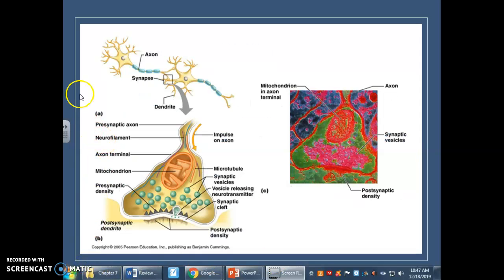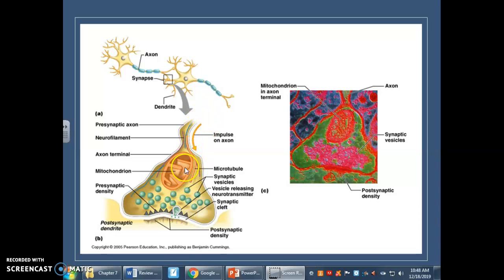So let's take a closer up view of the synapse. As we know, we have the first presynaptic neuron with the axon and the myelin sheath, and then there's the synapse, which is here, and it's going to take a lot of power. So we've got our mitochondria, and then we have our vesicles holding neurotransmitters.